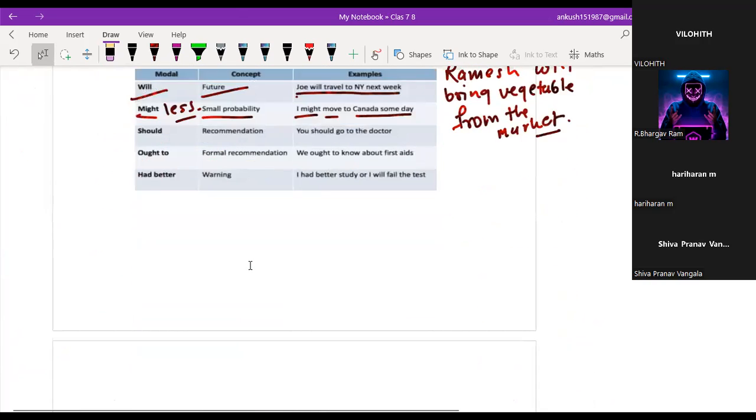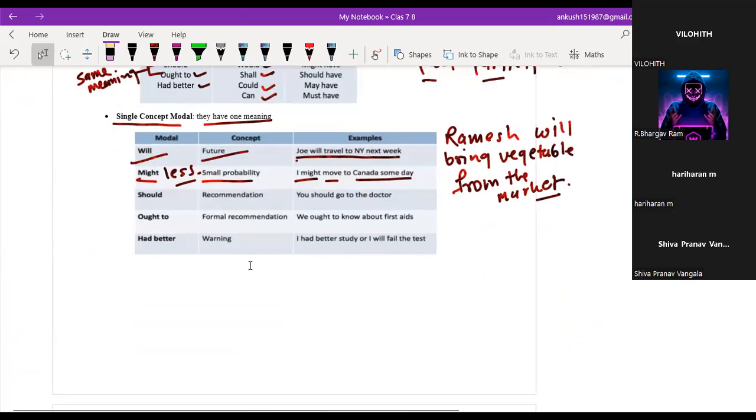After the modal we are seeing here, should. It is a recommendation, or sometimes we may say it as a suggestion or an advice. You should go to the doctor.